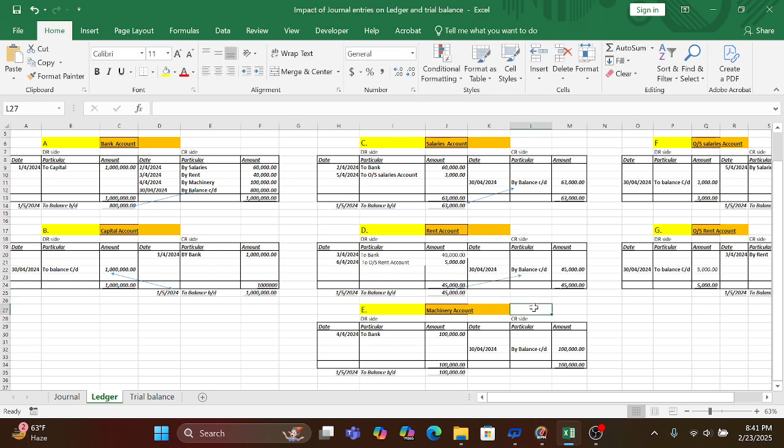The rent account I have closed this balance in the credit side, so it will be opened in the debit side. Always, the balance which we have closed earlier will be opened on the opposite side. So here I have closed the machinery account balance in the credit side, so it will be opened in the debit side in the next month.